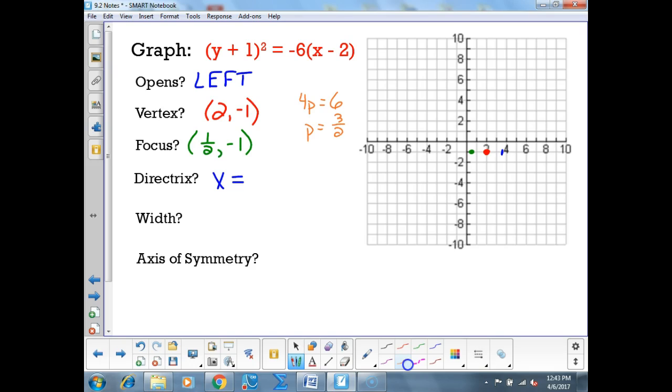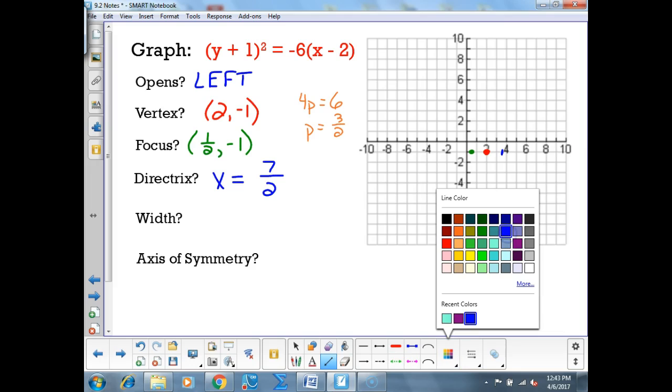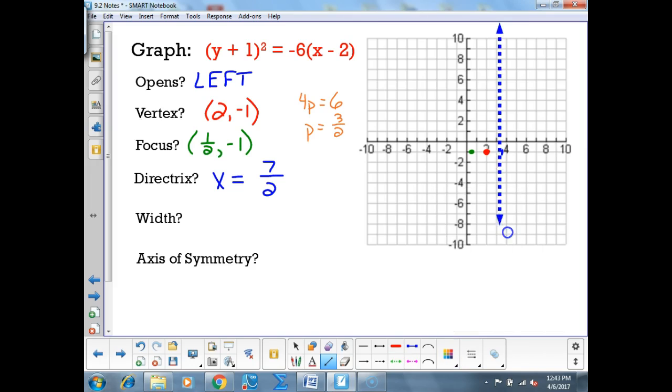So what is that? 7/2? What is the width of my parabola through the focus? 6.